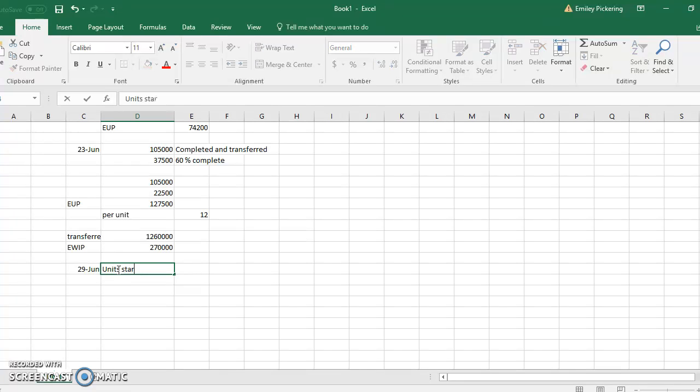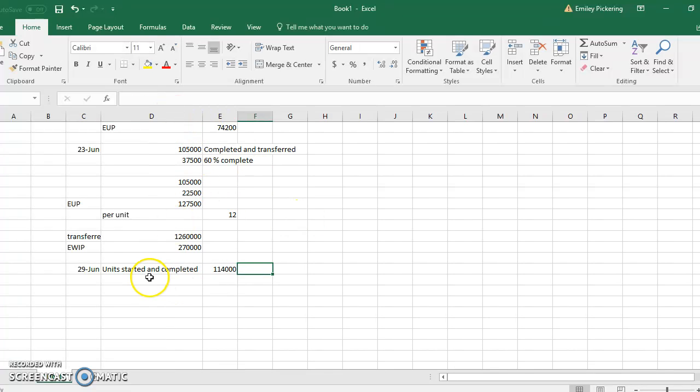My total units started and completed were 138,000. I'm going to take that and subtract how many I already had in beginning, because I don't want to include that in my started and completed. So I'm going to subtract 24,000. So units started and completed is 114,000.